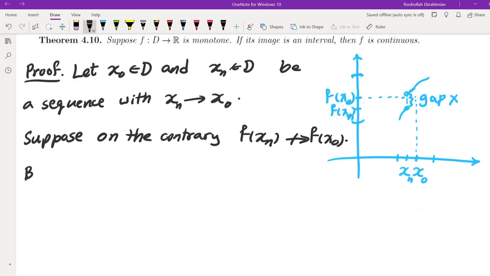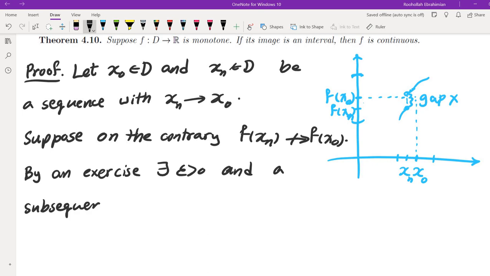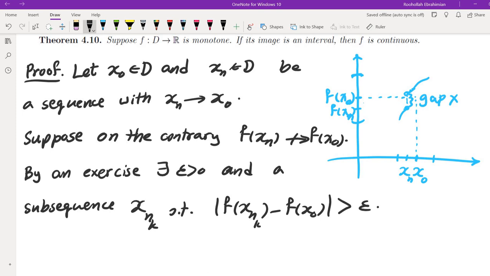By an exercise, there is some positive epsilon and some subsequence xnk of the xn's such that the distance between f of xnk and f of x0 is more than epsilon.